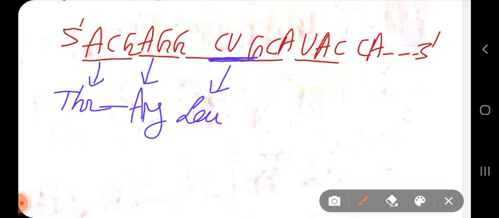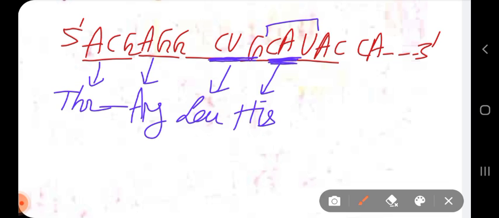Next CAU codes for histidine, whereas previously it was alanine coded by GCA. Because one nucleotide has been removed, a deletion has occurred, that leads to the formation of unusual amino acids through the shifting of the codons.